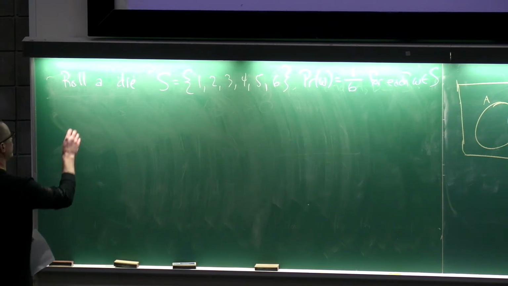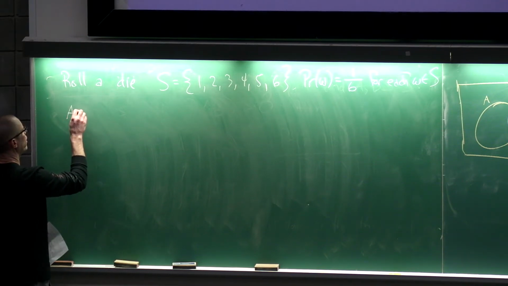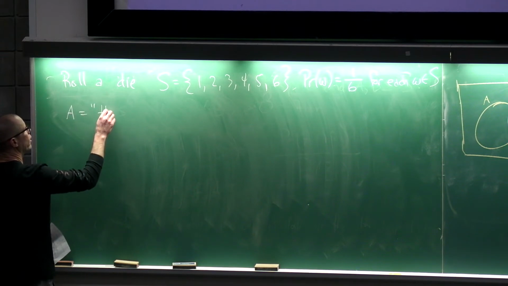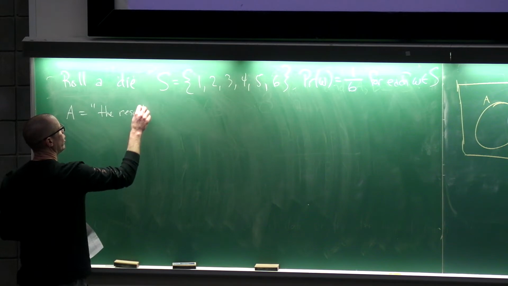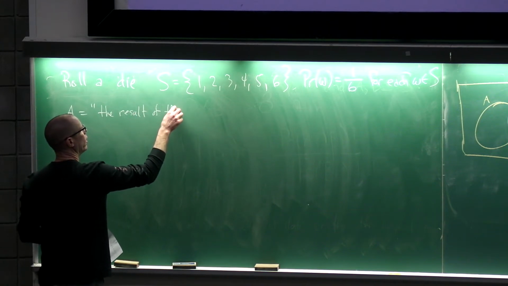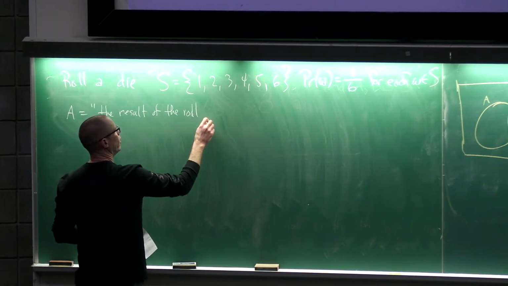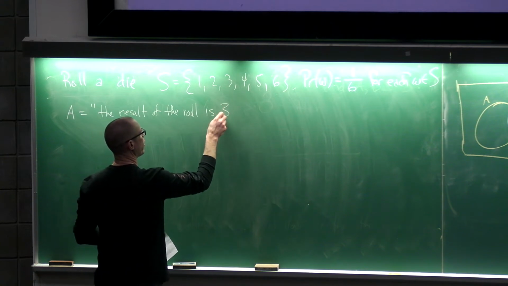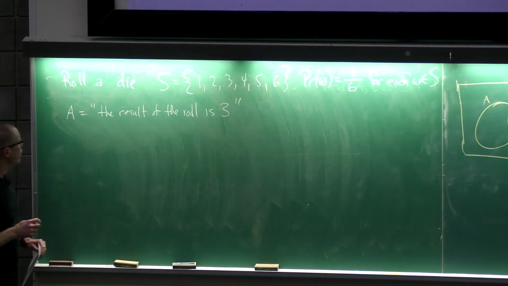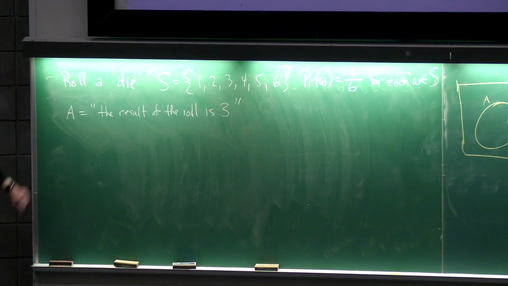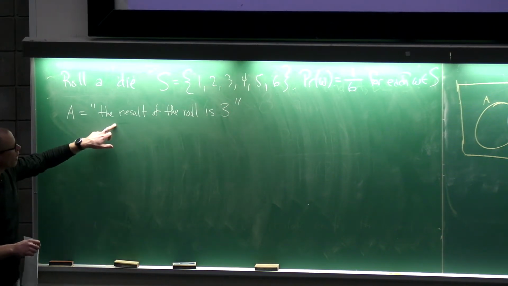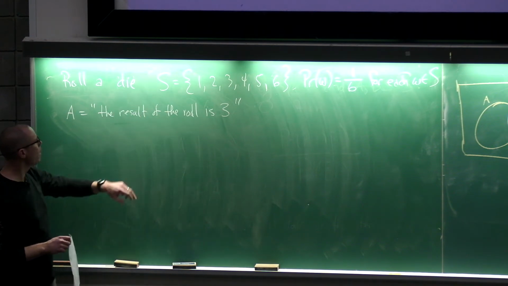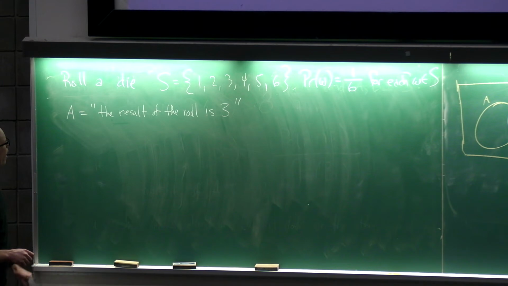So let's take A to be the event: the result of the roll is 3. So I define the event in some plain language way, but that just means I'm defining a subset of the probability space, and this is a really easy one.